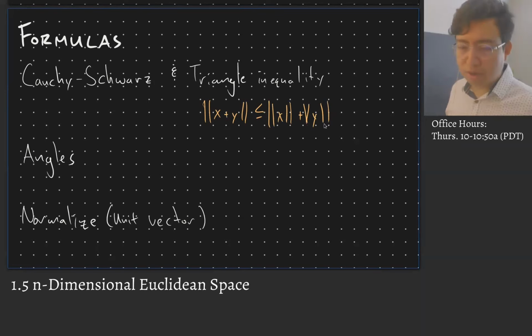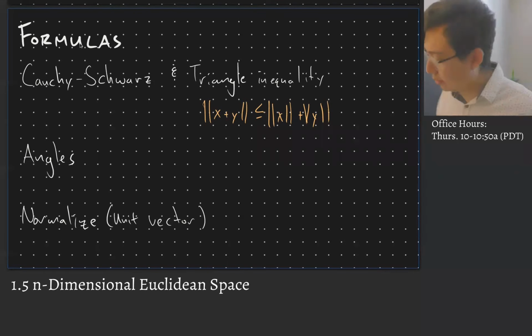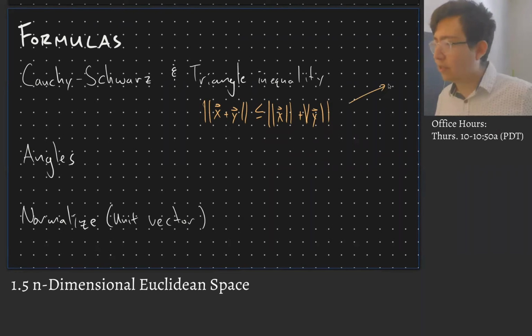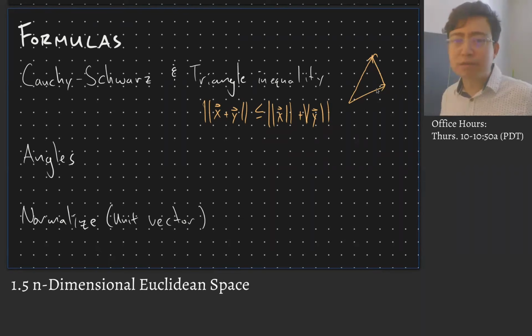And the Cauchy-Schwarz inequality is also going to work in higher dimensions here. And I should write that down, I didn't write that down. Also these should be vectors, right? x and y are vectors here. And again, if you remember the triangle inequality, it's saying that the sum of those vectors is just this part here. So of course this is going to be shorter than going here and then going here, right? Which is to be expected.